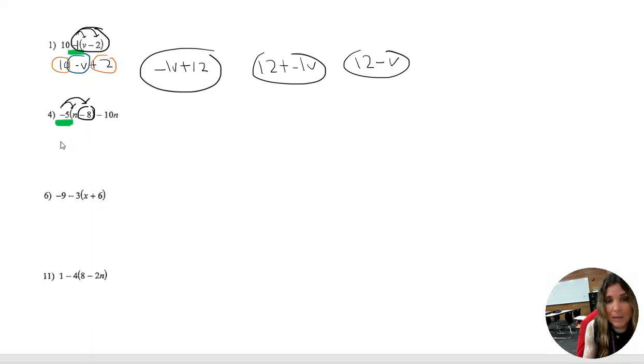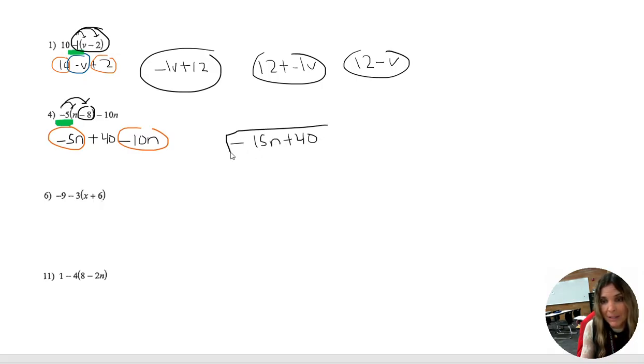So when we distribute here, we're going to have a negative 5n and a positive 40, and then we also have that negative 10n. So when we're combining our like terms, we're going to combine a negative 10 and a negative 5, and that is going to be a negative 15n and then a positive 40, okay?